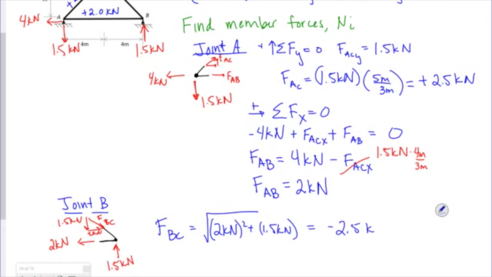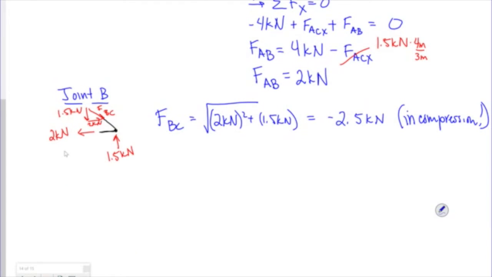I'm going to make it negative because it is in compression. I could have also done 1.5 times 5 over 3, or 2 times 5 over 4.